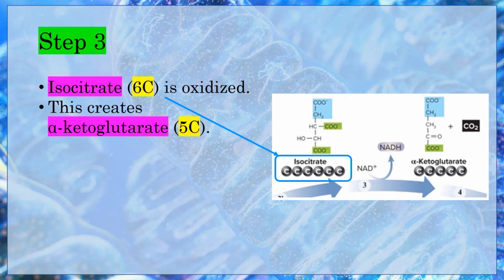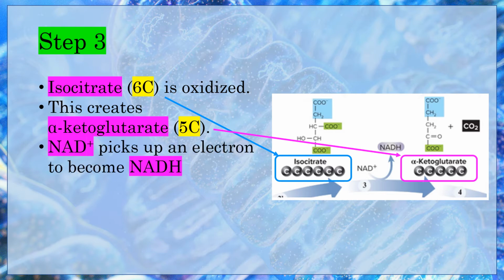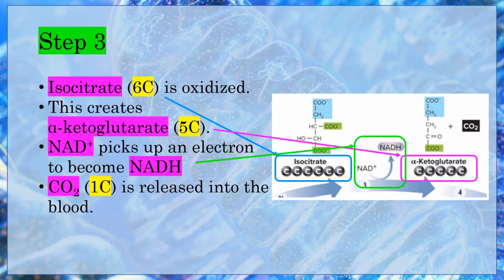This creates alpha ketoglutarate, which is 5 carbons. So that means a carbon has had to go somewhere. NAD picks up an electron to become NADH because that carbon is released. That CO2, or 1 carbon, is released into the blood, and so we're going to breathe that out through our lungs.